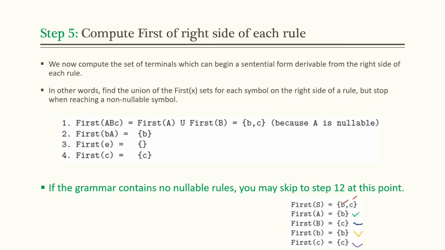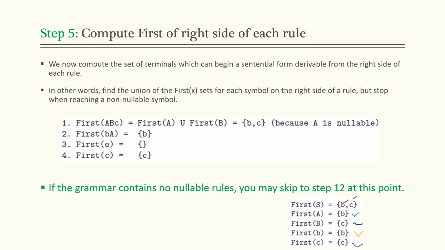For step number 5, you want to compute first of the right side of each of the rules. For this one, we want to find what would be the terminals for each of the right hand sides of the rules. For example, first A, B, C, this is the first rule. So we need to find first A union with first B. For these steps, the operation would be unions, to combine all the terminals for each of the non-terminals that we have.